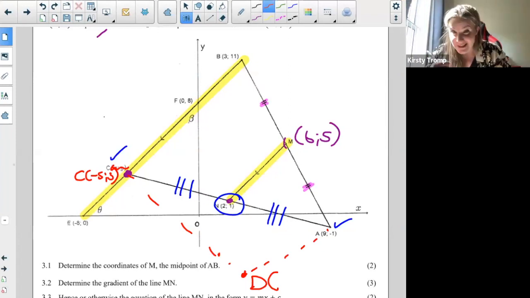That's quick and easy. This is a parallelogram, which means that you can use translation to your advantage. Remember back in grade 8 and grade 9 when we did translation, and you're like, when are we ever going to use that? We're going to use it today, right?